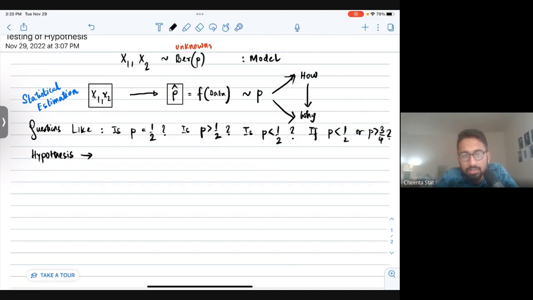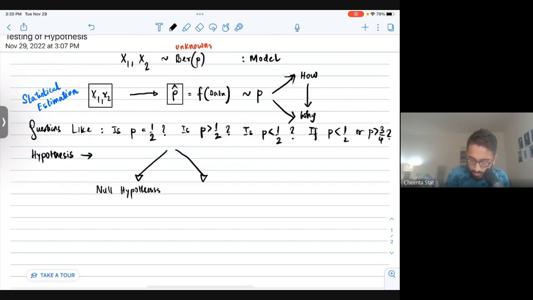So we can have questions, hypotheses. But there's something called testing of hypothesis, and it is much more than that. It's a tug of war between two hypotheses. There are two hypotheses, to be very honest. One is called the null hypothesis, one is called the alternate hypothesis.